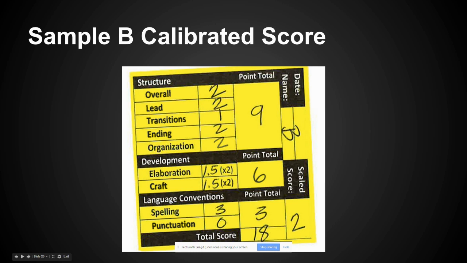Here is the calibrated score for sample B. How does your score match up? Is the scaled score the same? If so, you're probably feeling pretty calibrated.